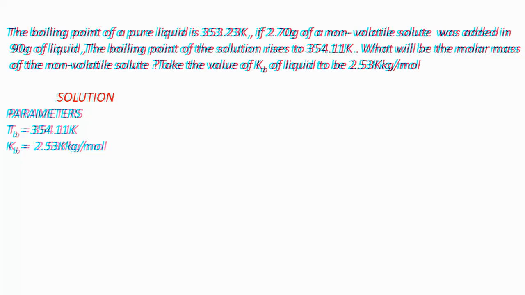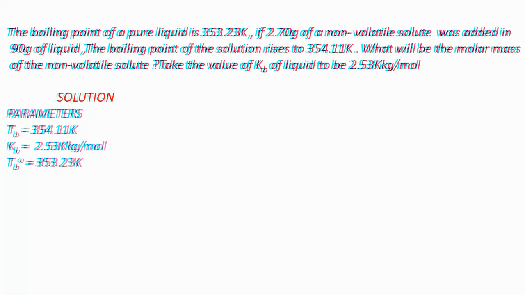According to boiling point elevation, TB0 is the boiling point of the pure solvent or liquid. So 353.23 is the boiling point of our pure solvent. That is, TB0 is equal to 353.23.